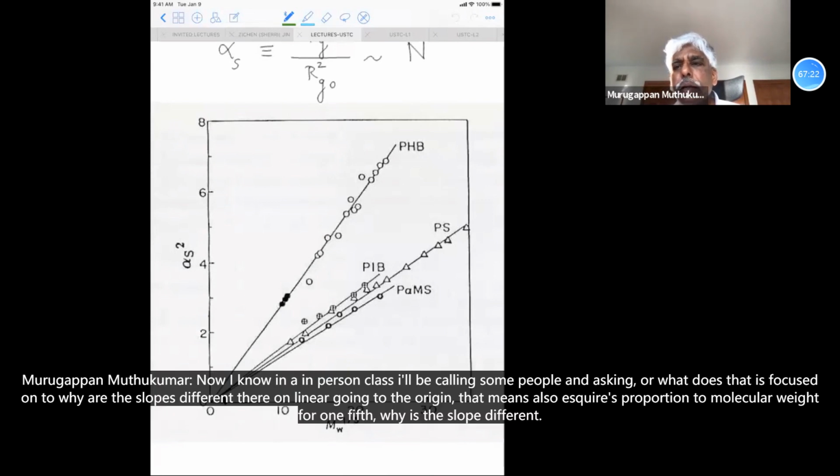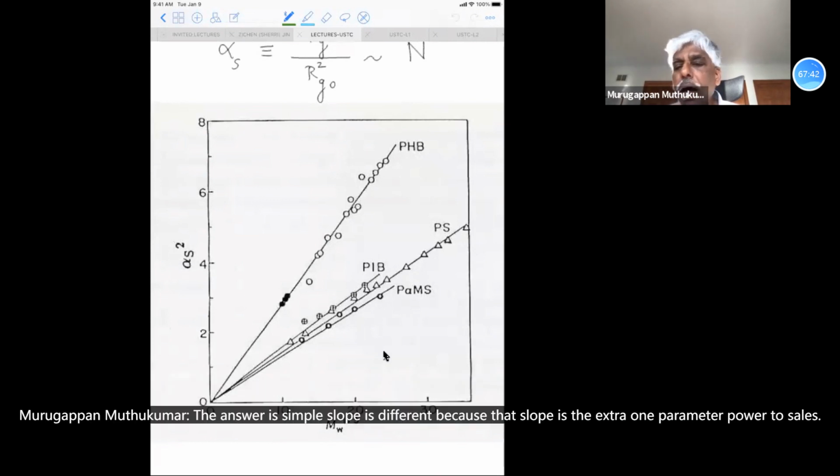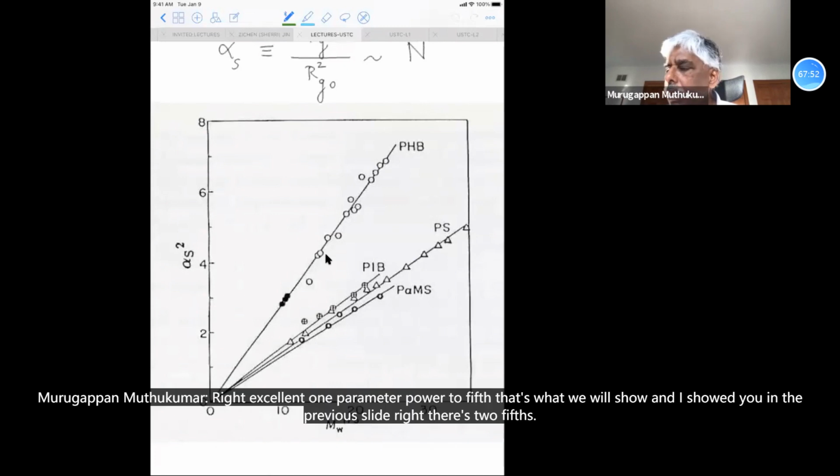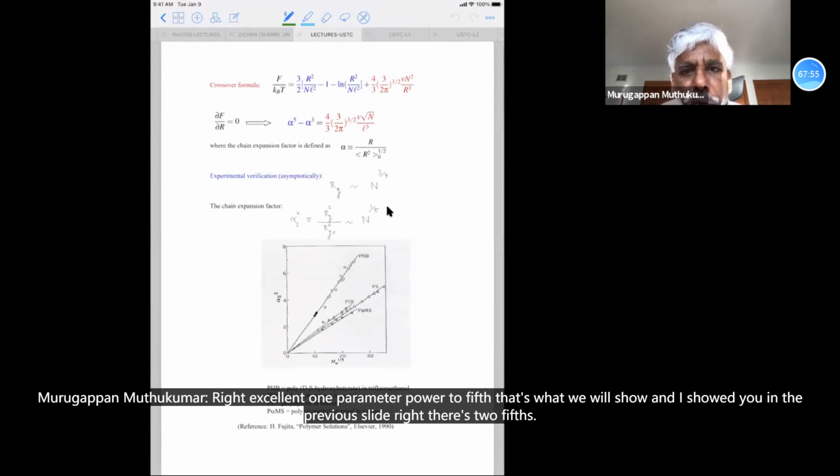Now, in an in-person class, I'd be calling on some people and asking, what does that slope correspond to? Why are the slopes different? They're all linear going through the origin. That means alpha S squared is proportional to molecular weight power 1/5. Why is the slope different? The answer is simple. That slope is the excluded volume parameter power 2/5, which I showed you in the previous slide.